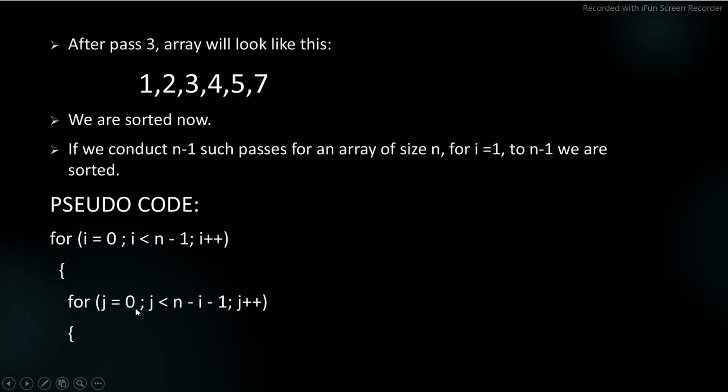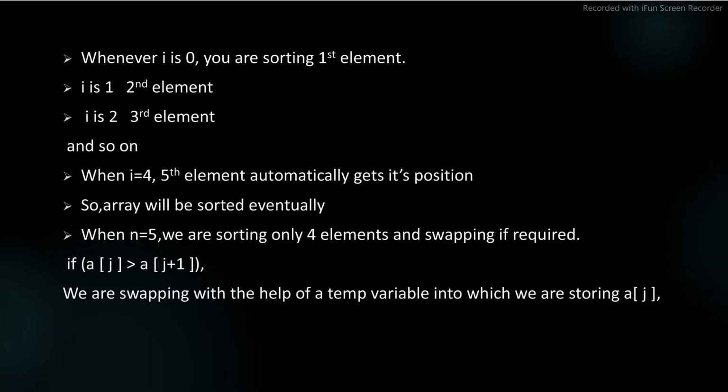Whenever i is 0, we are sorting the first element. When i is 1, we are sorting the second. When i is 2, sorting the third. When i is 3, we are sorting the fourth element, and so on. When i is equal to 4, the fifth element automatically gets its position. So the array will be sorted eventually.